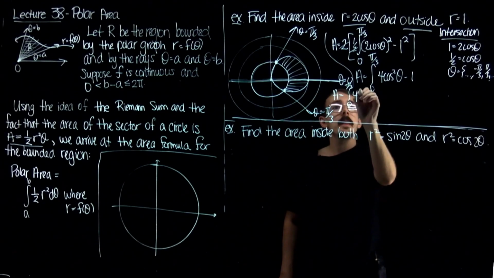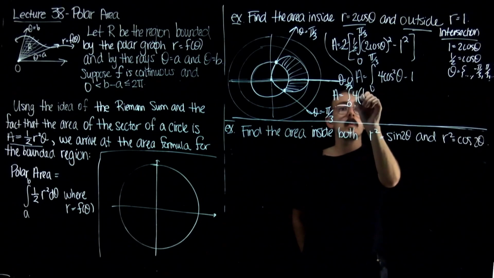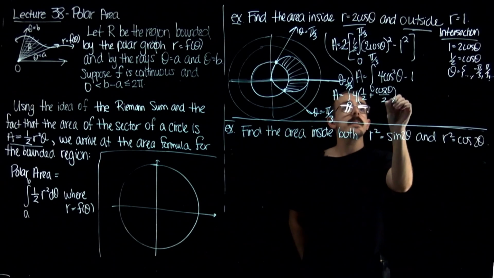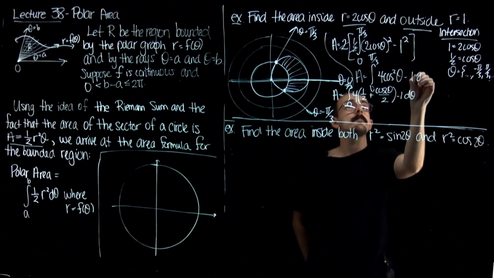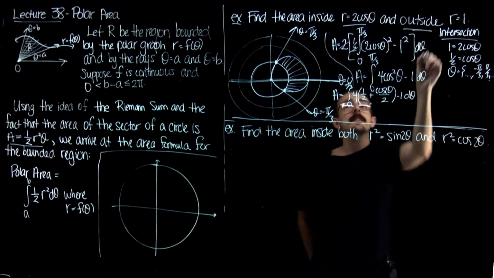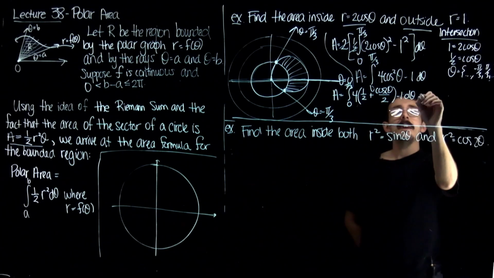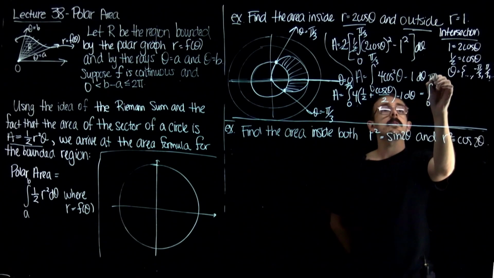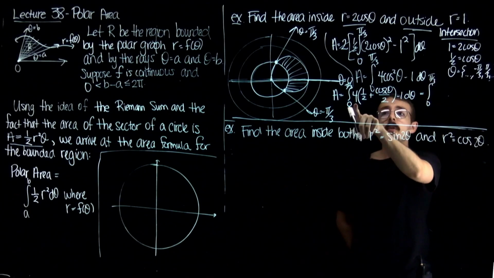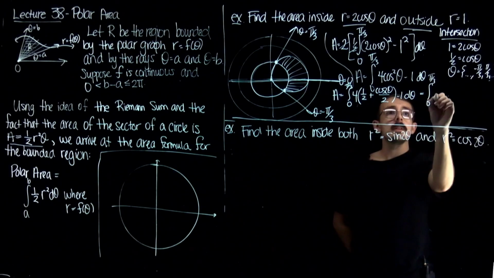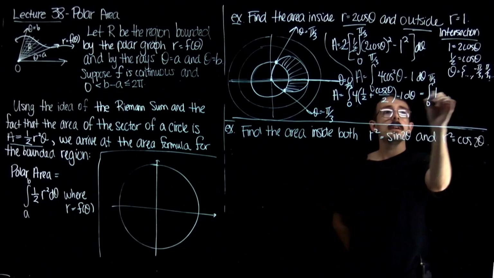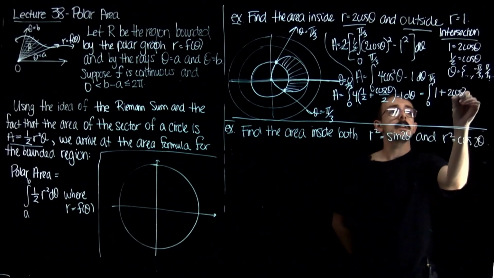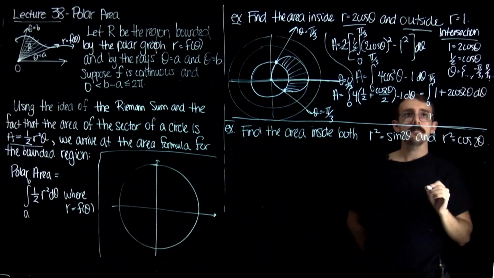I have 4 times cosine squared, which is (1/2 plus cosine 2 theta over 2). And I still have this minus 1 here. I'm going to put my d thetas where they should be. And then now I can go ahead and simplify this a little bit. This is the integral from 0 to pi over 3. 4 times 1/2 is 2, minus 1 gets me positive 1. And then plus 4 times 1/2 is going to give me 2 cosine 2 theta. So this is what I'm integrating.